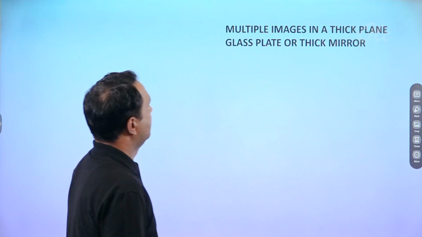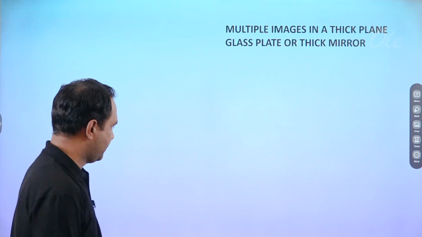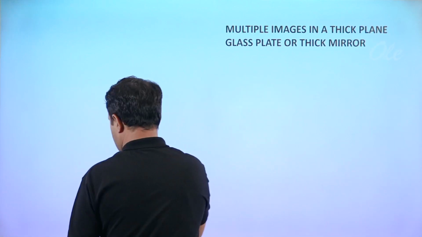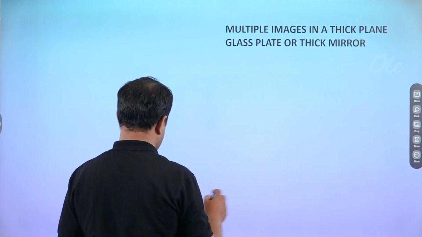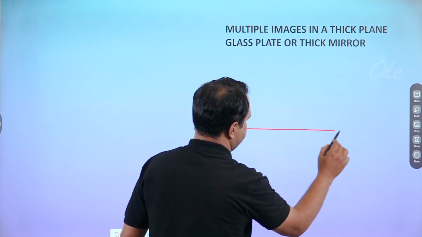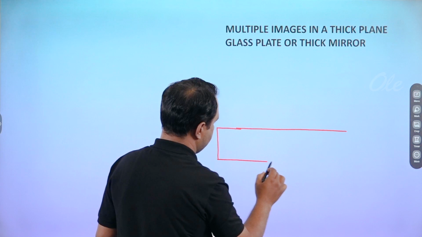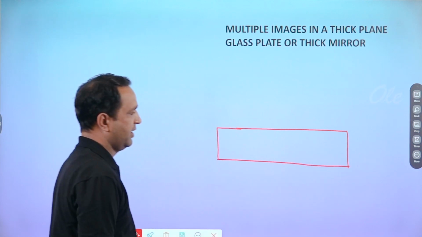So here is multiple image in a thick plain glass plate or thick mirror. First of all, we will draw a thick glass plate. So this is a thick glass plate, right?